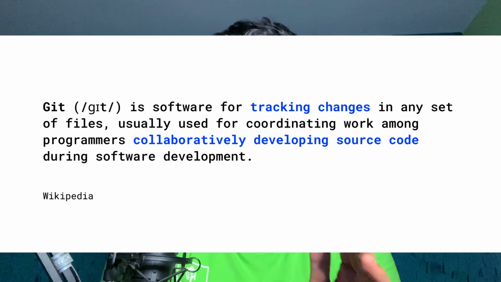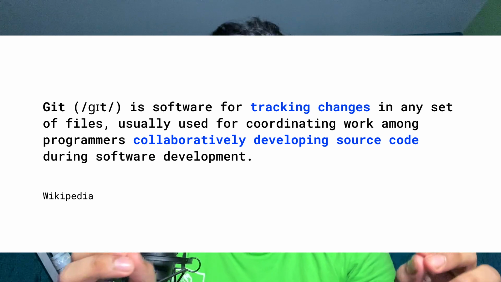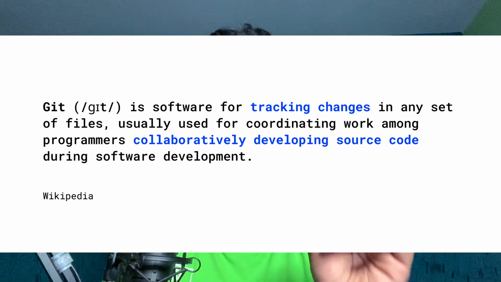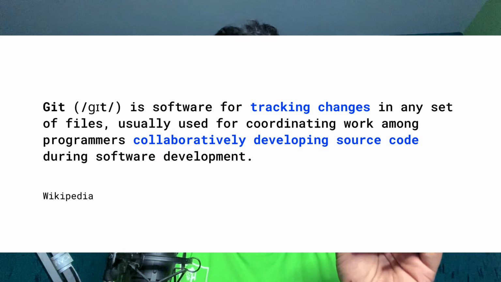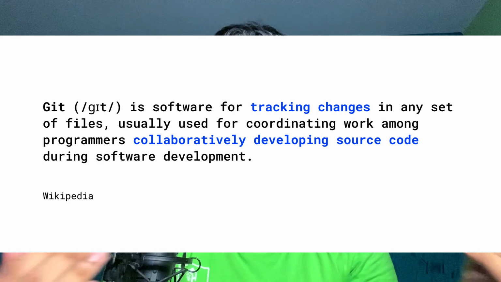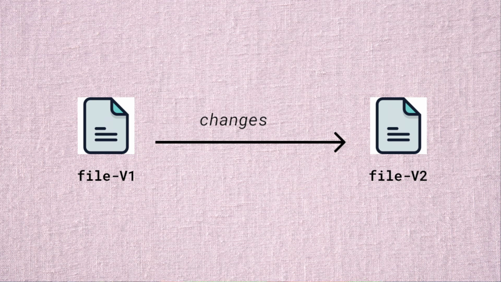According to Wikipedia, Git is software used for tracking changes in any set of files. It is usually used for coordinating work among programmers collaboratively developing the single source code during the entire software development lifecycle. Git tracks changes in files. This means that whenever you ask Git to start tracking a file or a folder, it is going to save any changes that you make on that file or folder.